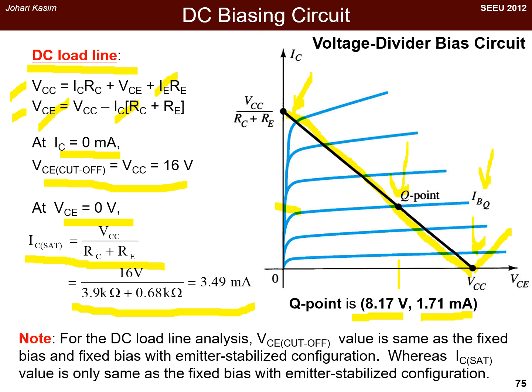For the DC load line analysis, the VCE cut-off value is the same as the fixed bias circuit analysis, whereas the IC saturated value is only the same as the fixed bias circuit.